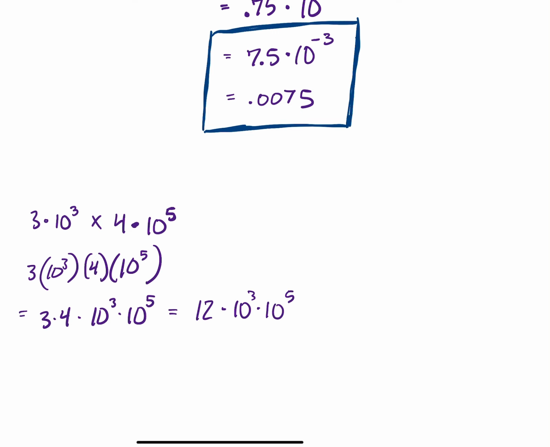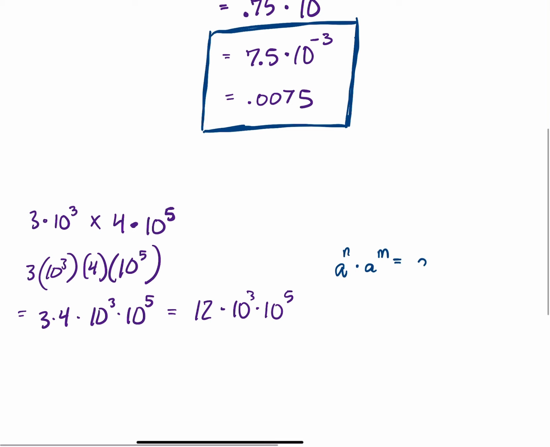And then remember, if we had a multiplication, so a to the power n times a to the power m, a multiplication of two bases that are the same and two different exponents, we end up adding the exponents together, n plus m. So that means this can be written as 12 times 10 to the power of 3 plus 5, which would be 12 times 10 to the power of 8.